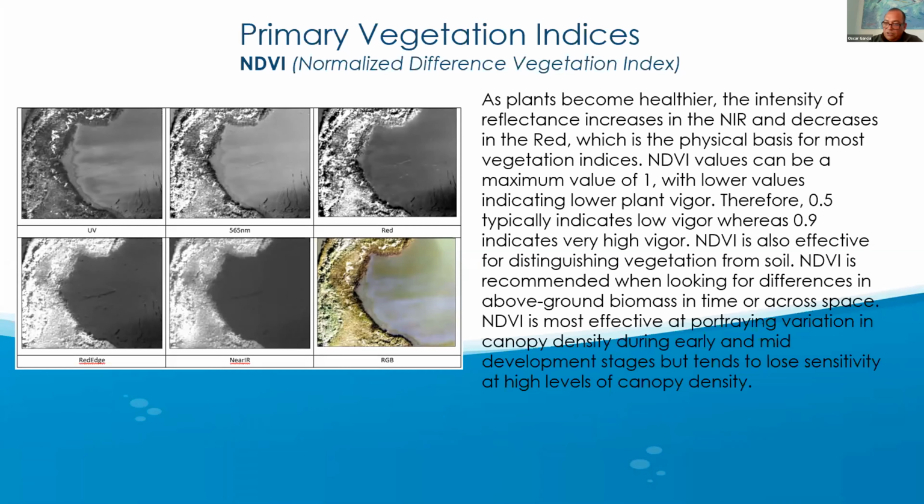This is not something that I came up with. It's an algorithm that has been developed for decades since multispectral data has been available, and it's been used to precisely understand how healthy the vegetation is in an area, and it's based on the near infrared and the red channel. Why?